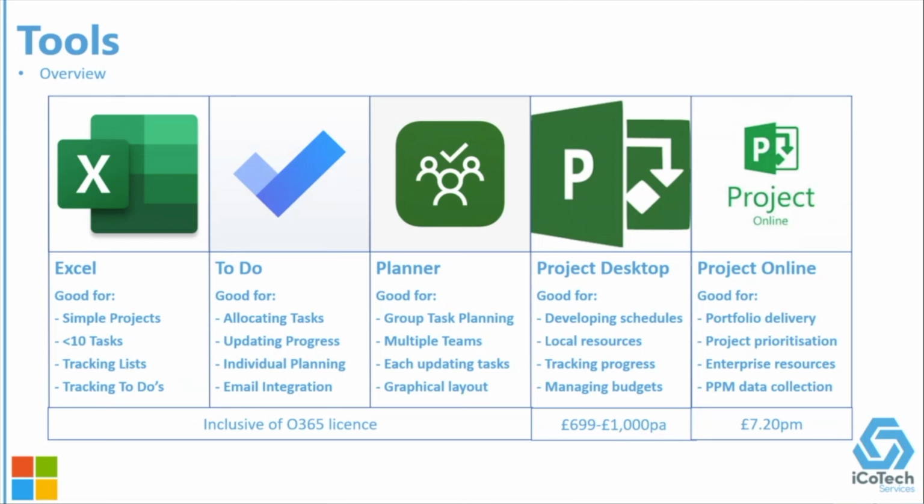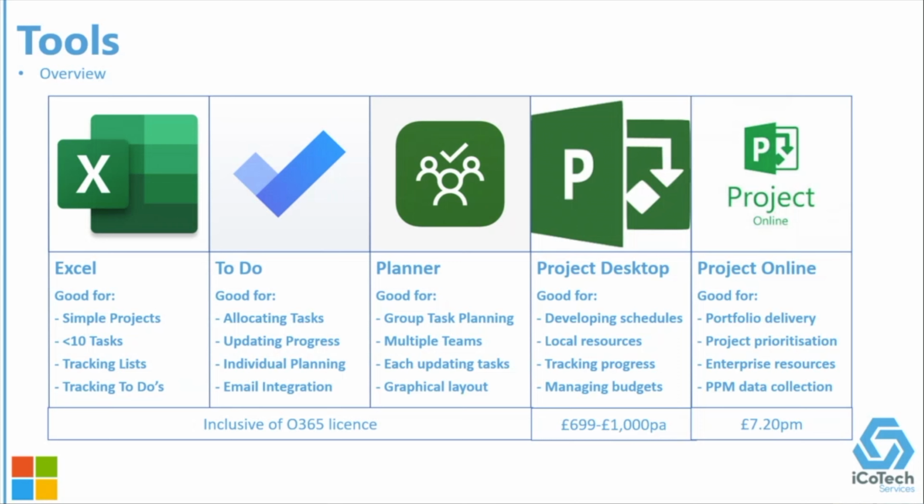And then on the right there's the three which I'll really focus on in today's session. So Planner, many of you would have heard of Planner, and that's really good for when you've got a group of people working in Office 365. Maybe you've got multiple teams. So we use Planner, and we've got planners actually linked to teams.